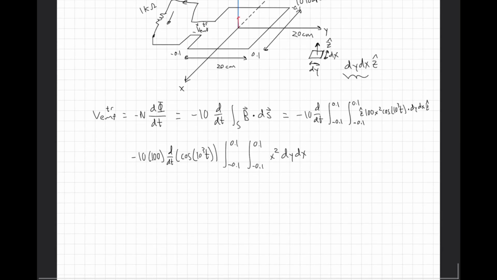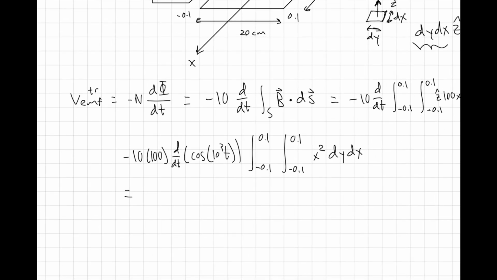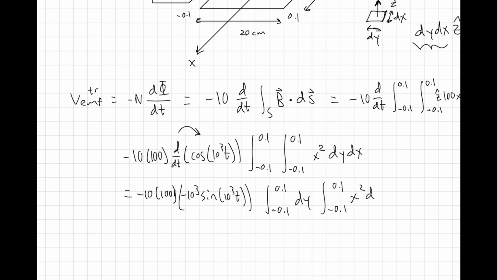And we can even separate that out more. Taking this derivative now, we get negative 10 times 100 times negative 10 cubed sine of 10 cubed t, multiplied by the integral from negative 0.1 to 0.1 of just dy, and then negative 0.1 to 0.1 of x squared dx.